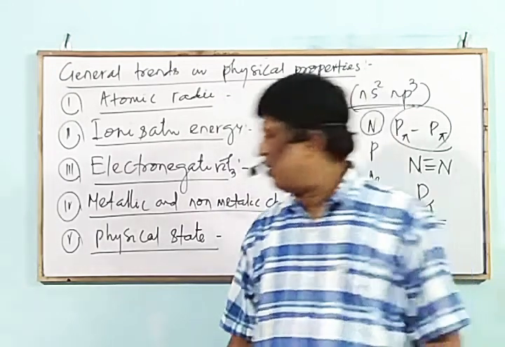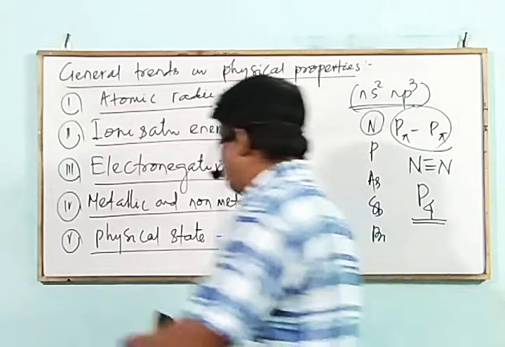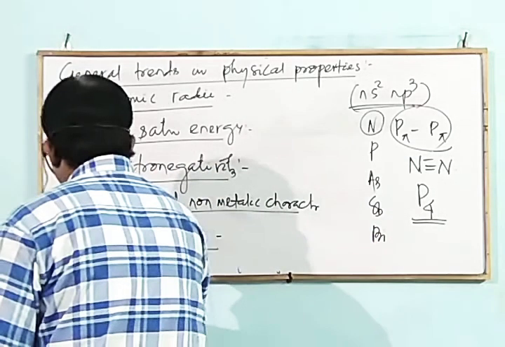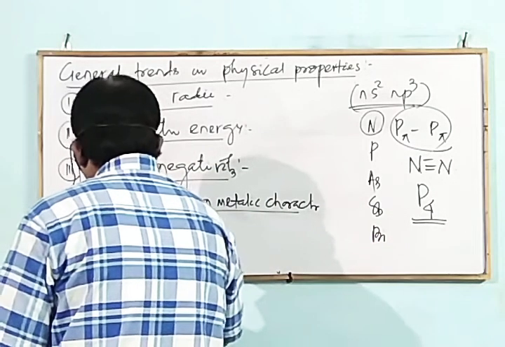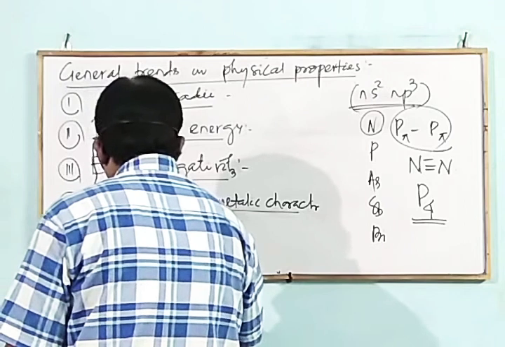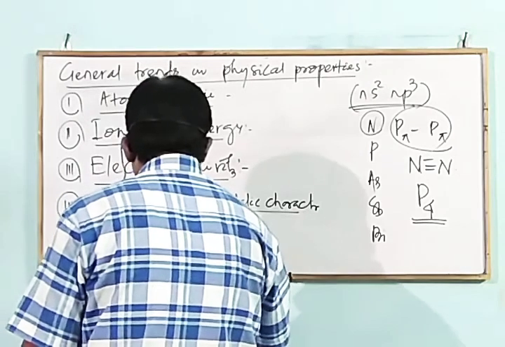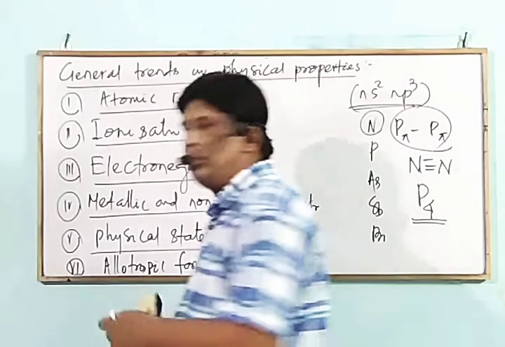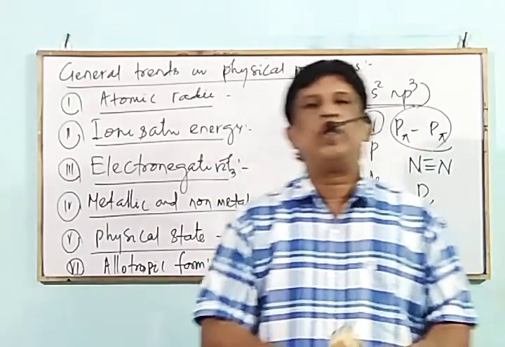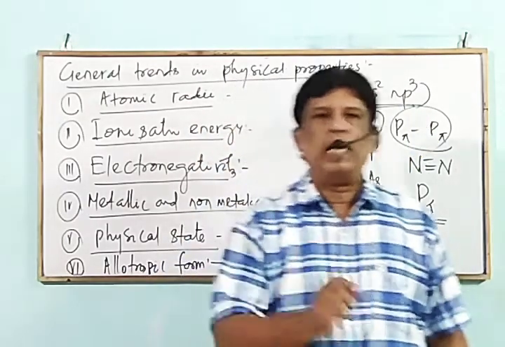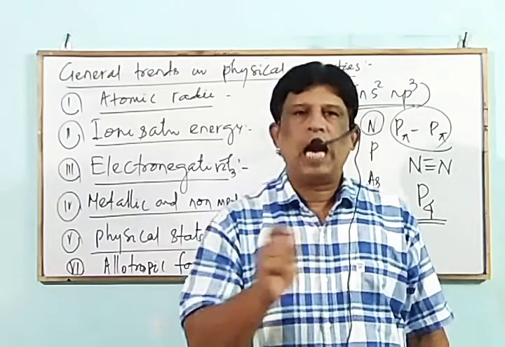Next we discuss the sixth point, allotropic form. There are two terms: one is allotropy, one is allotropic form.